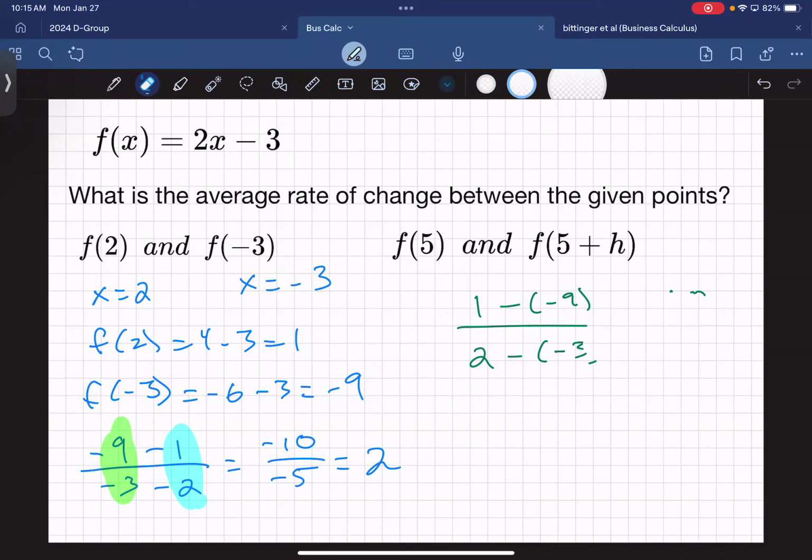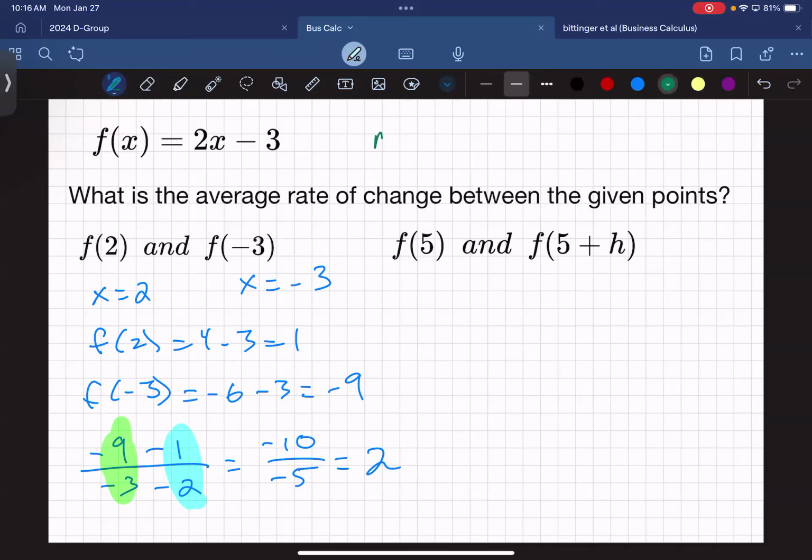Now, were you surprised that we got a 2 there? What type of function did I give us? It's linear, right? It's a line. Remember, whenever you have a line that's in that mx plus b form, what does the m stand for? All right.